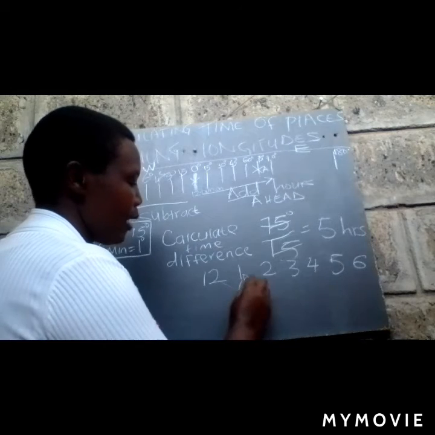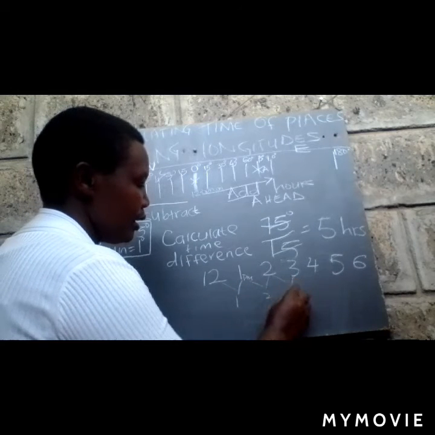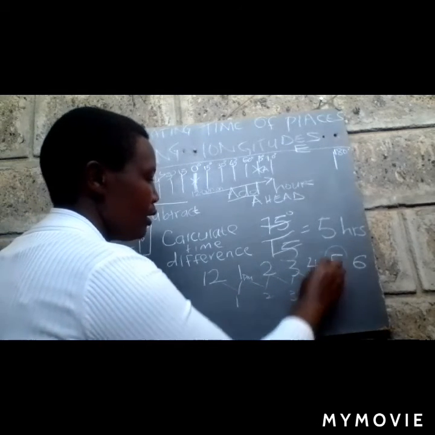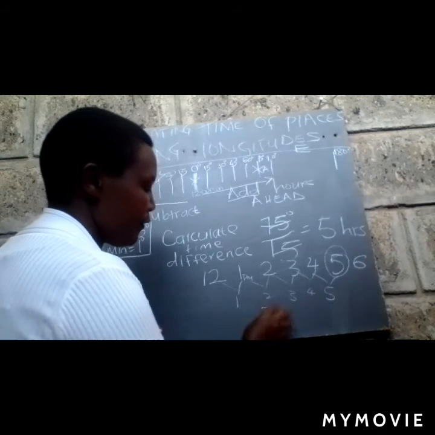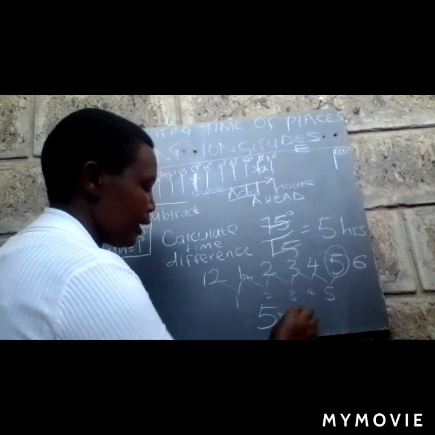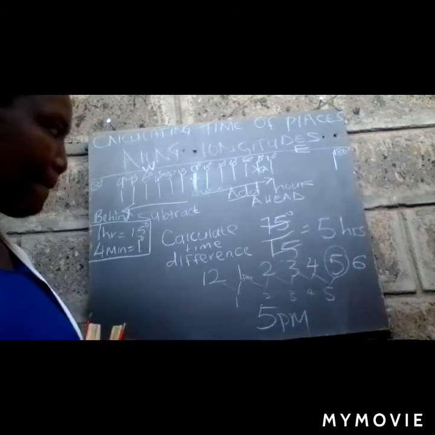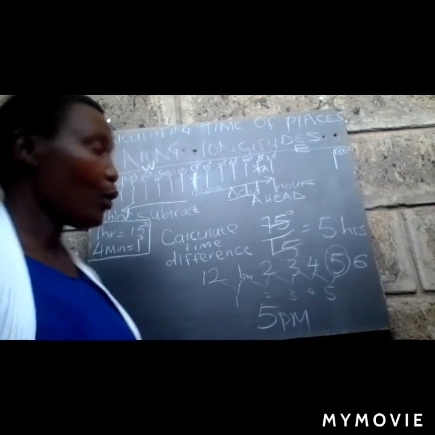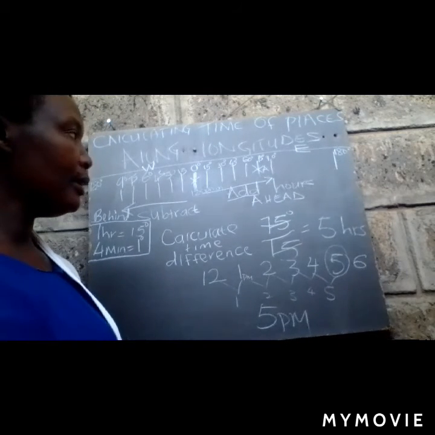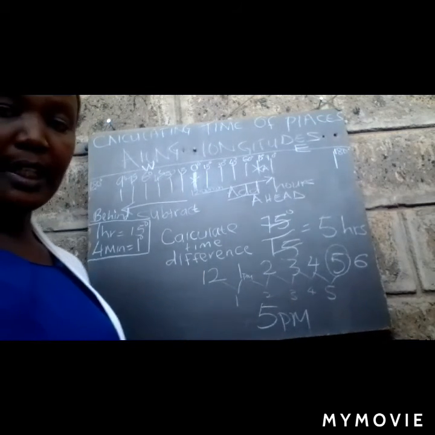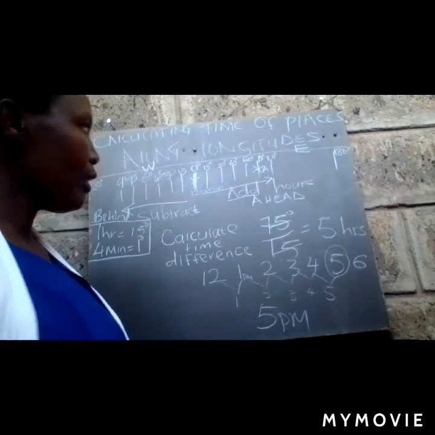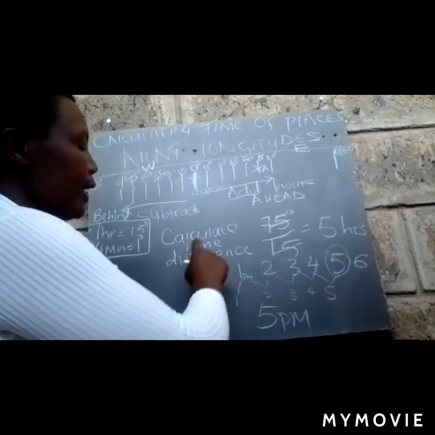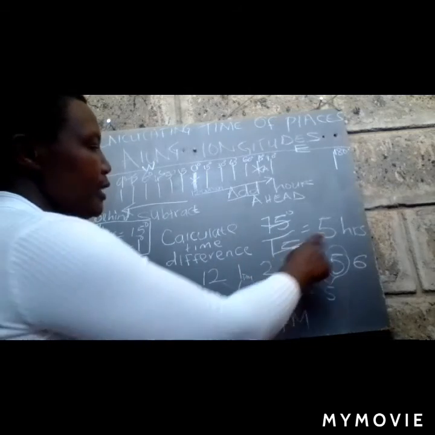So this is 1 hour, 2, 3, 4, 5. So our time is 5 p.m. So when we are given degrees east of a point A, we calculate the time difference, and we get 5.